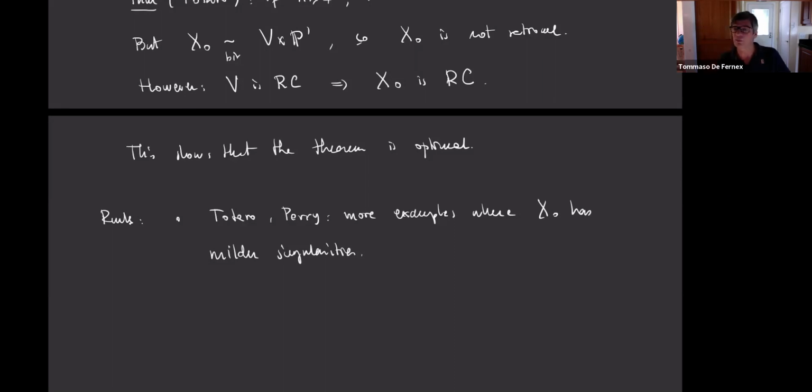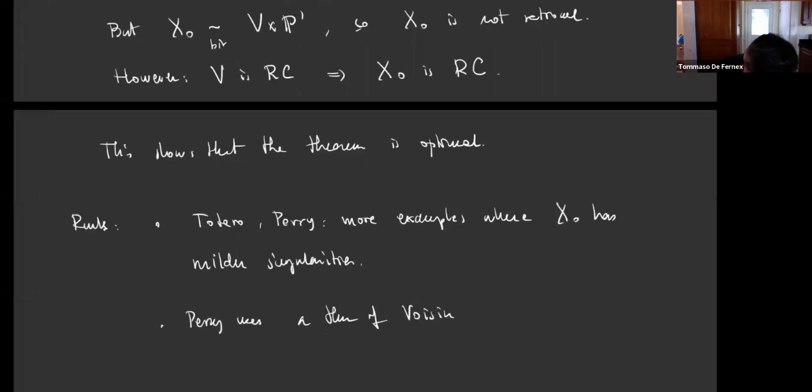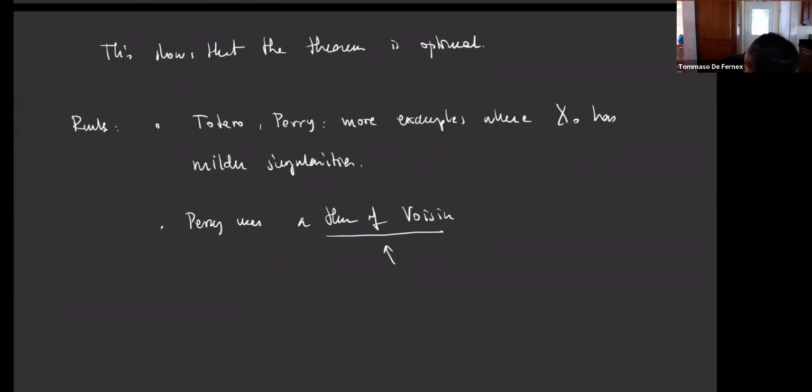And in fact, Totaro was able to find an example. And what's remarkable, maybe also, is that Totaro uses a theorem of Voisin that was indeed available at the time, which I think was the first theorem of this sort on failure of stable rationality.